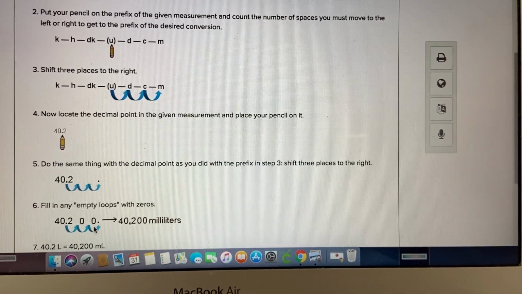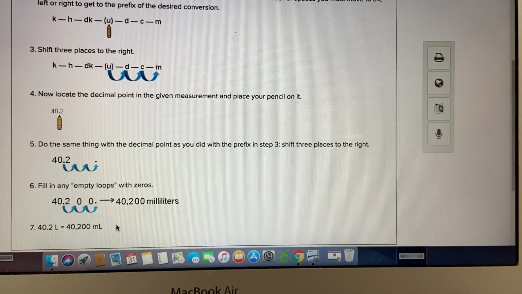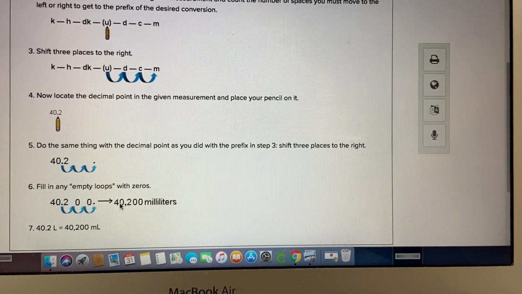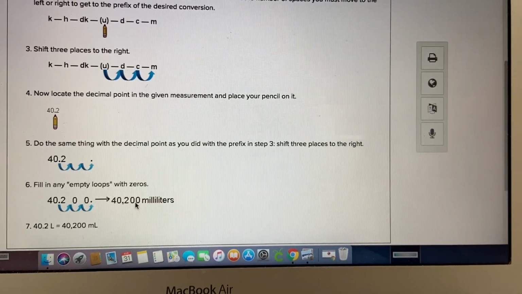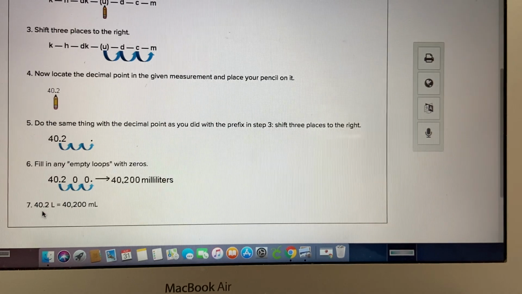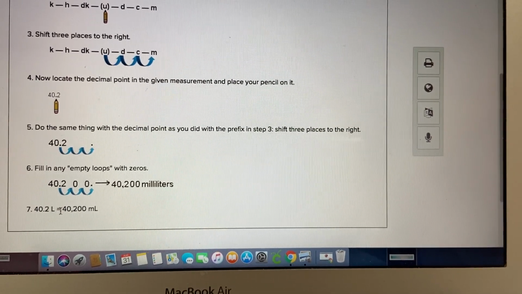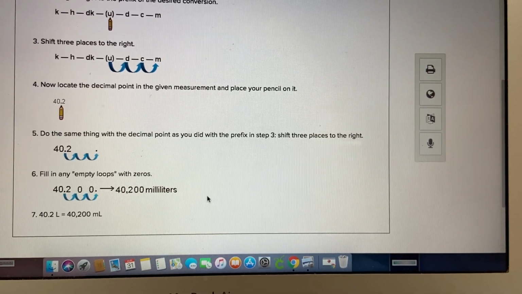You're gonna fill the holes in with zeros, okay? And now your 40.2, now that we added these zeros, is now 40,200 milliliters, okay? So we can conclude that 40.2 liters equals 40,200 milliliters.